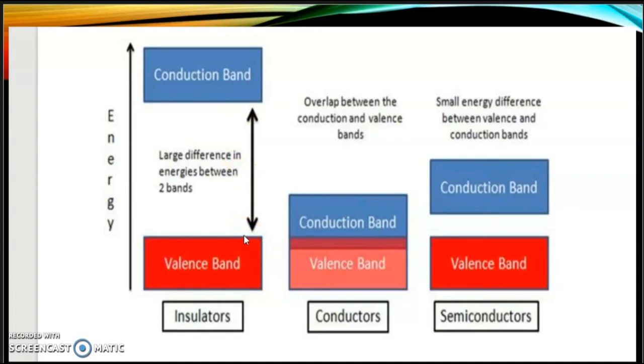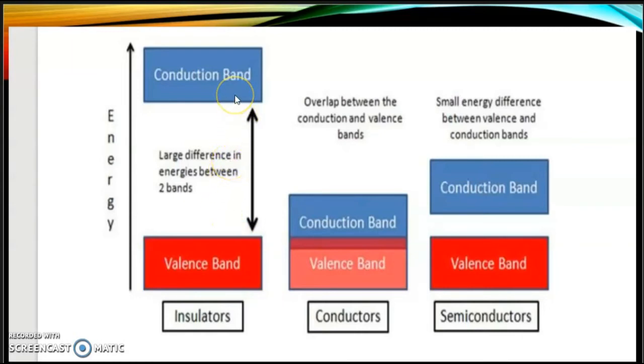So this accounts for the high resistivity of electricity in insulators. Because they have a very big or large forbidden gap, electrons are not able to make it to the conduction band, and current can only flow when electrons get excited to overcome this forbidden gap to the conduction band.